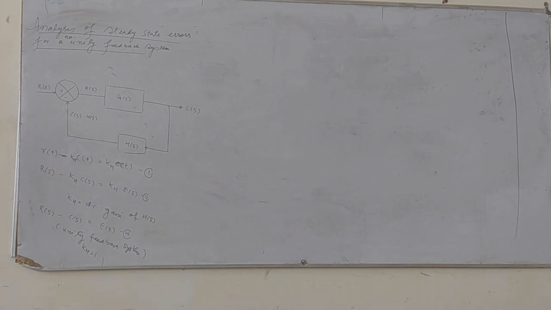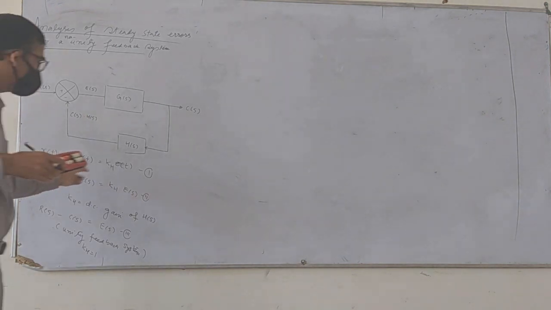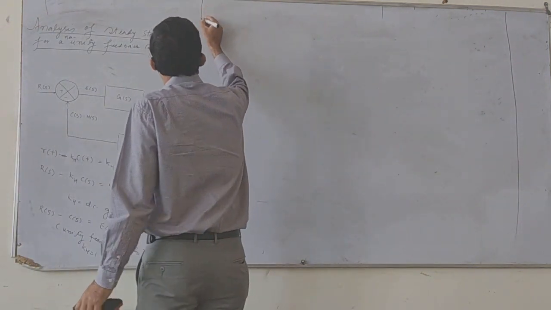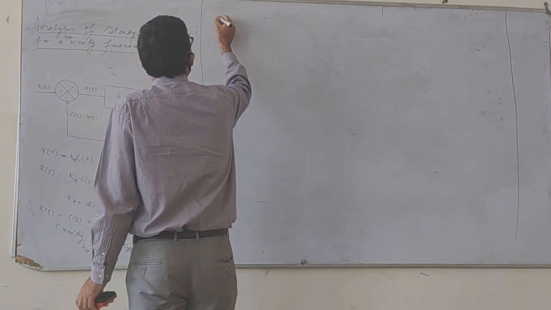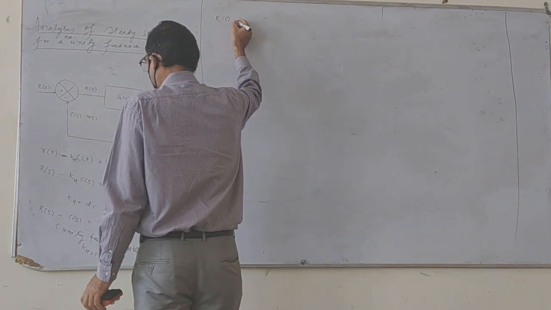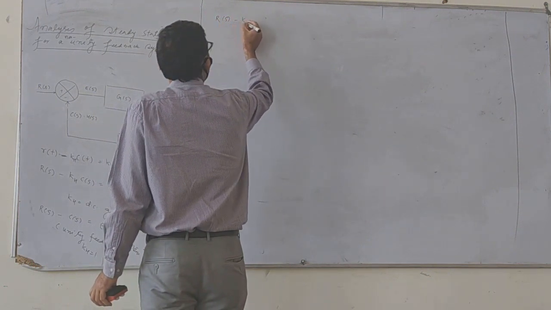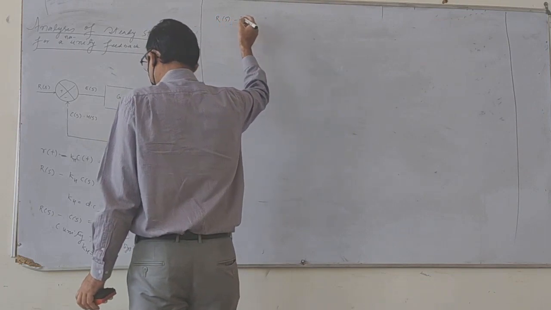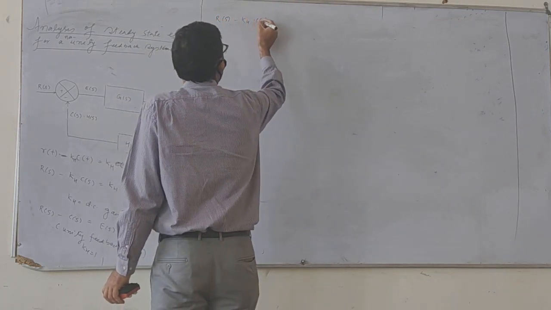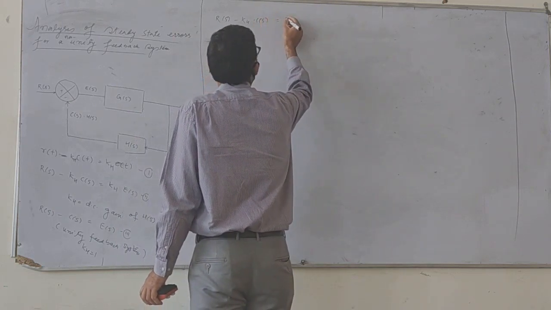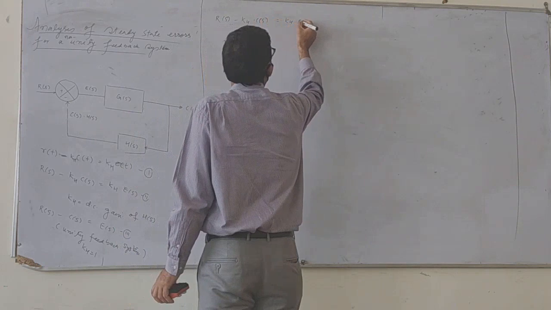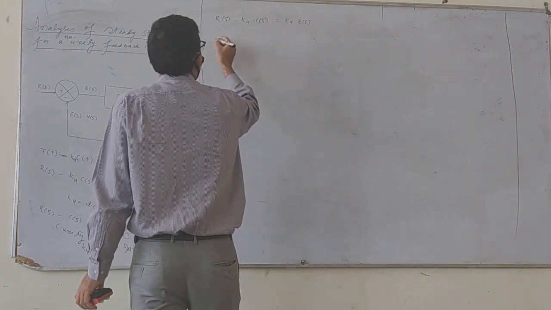Now let's come to equation number 2. I have this equation in the S domain. Now what am I going to do? The equation is R(s) minus KH C(s) is equal to E(s). Now I will try to get the error.